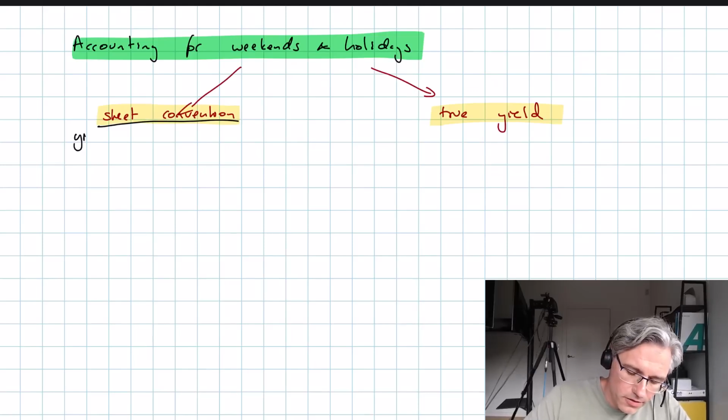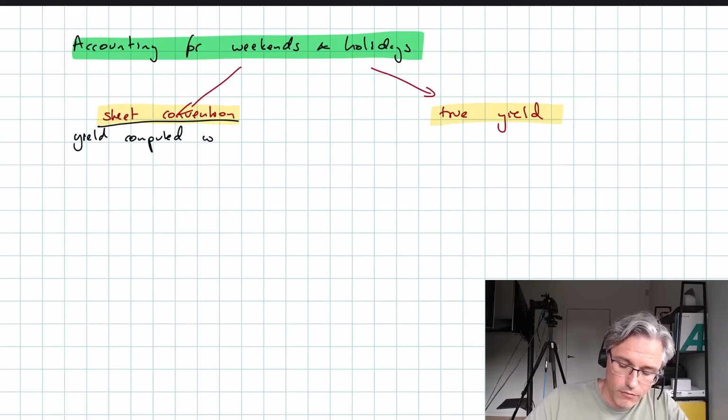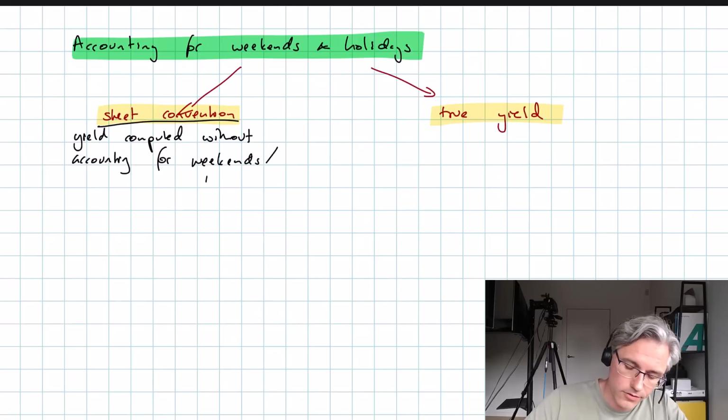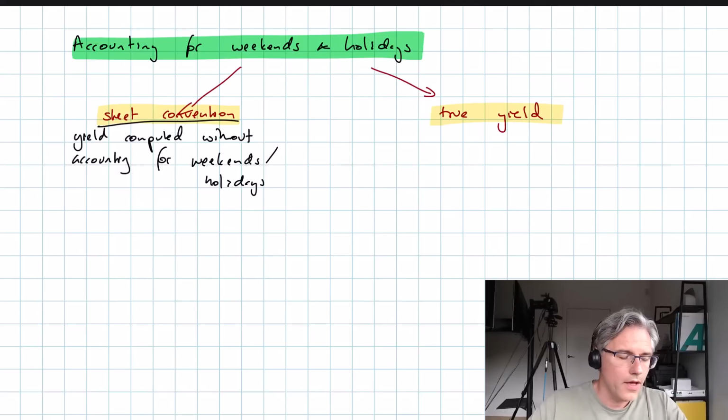Under the street convention of computing yields, we don't account for that delay. So the yield is simply computed without any accounting for weekends and the delays that they cause, or holidays, right? And the delay that they cause to the coupon payment.